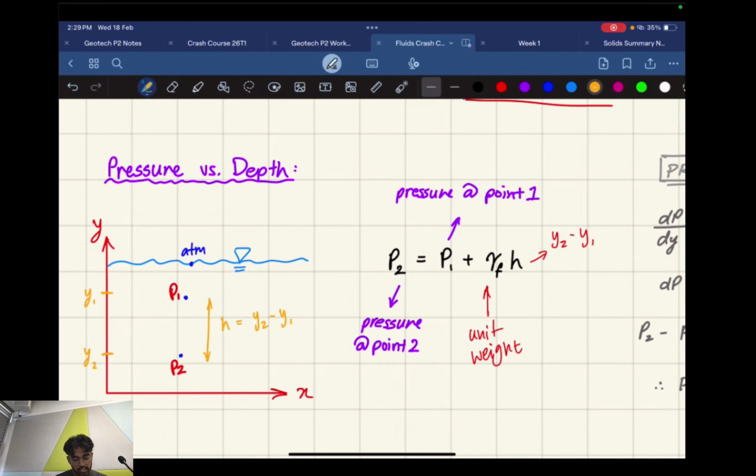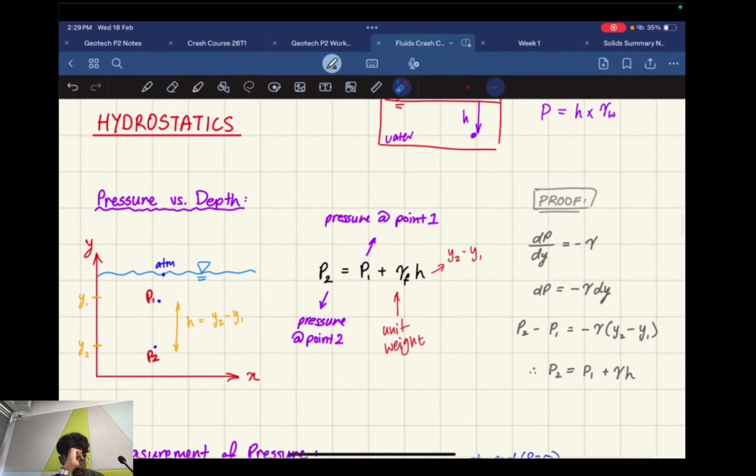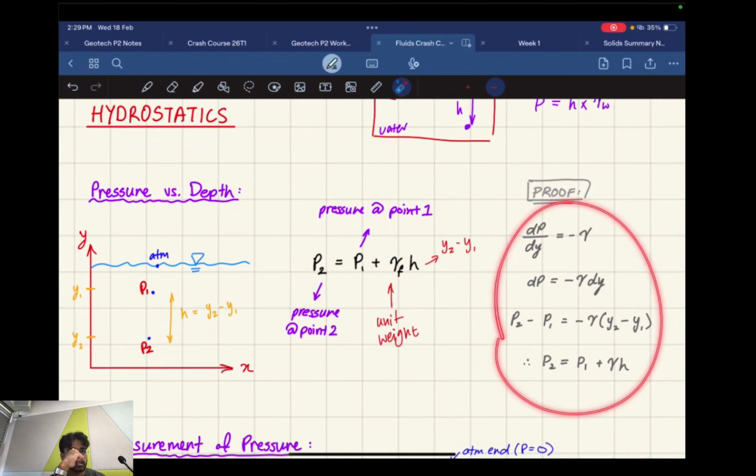So the pressure at P2 is given by P1 plus that difference in height times the unit weight of the fluid. So if you want to find the pressure, it's always unit weight times depth or height. That's how we define pressure, or a pressure change. There's a bit of a proof here as well, if you're interested, but you're not going to get assessed on it at all.